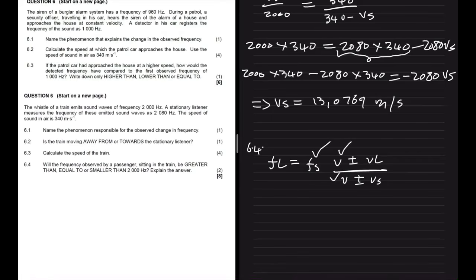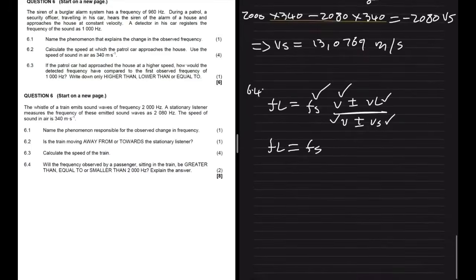Now, because we're talking about the passenger in the train, V of the passenger is the same as VS. So basically what we have on the numerator equals what we have on the denominator. So this is just going to cancel out, and we're left with FL equals FS. So the answer here would be equal to.